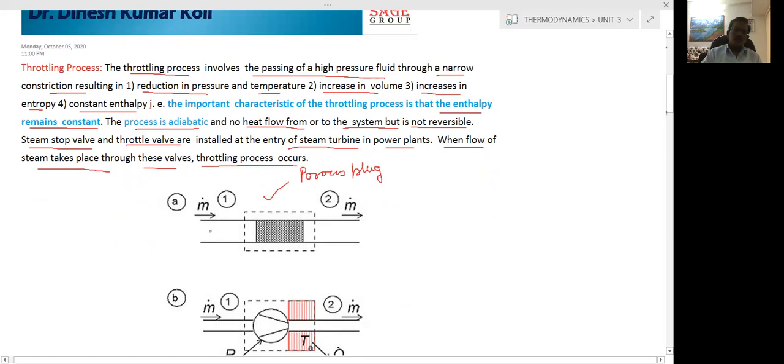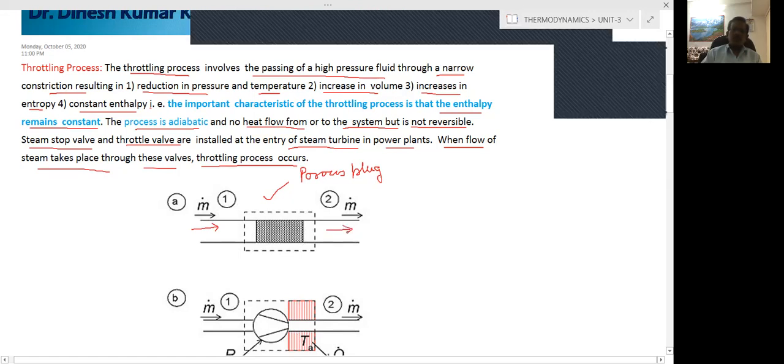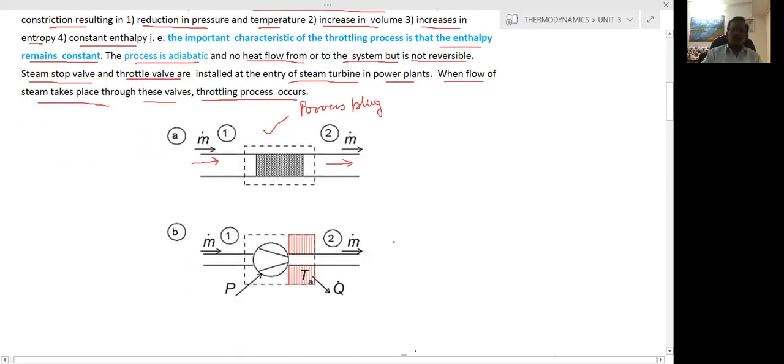At one section, the fluid enters from this side, passes through this porous plug, and leaves from the exit side. There may be another passage in the shape of a nozzle, where the area from the inlet is decreased. So this is also a restriction of the passage.